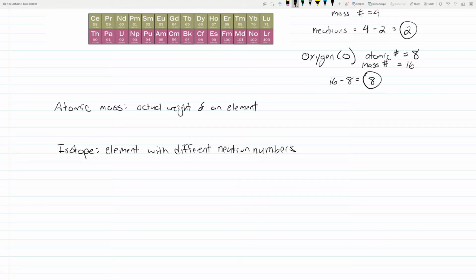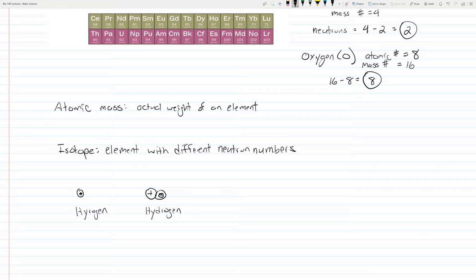Hydrogen has 1 proton, 1 little plus sitting out here. The thing that makes it hydrogen is the fact that it's got 1 proton. Now, if I have hydrogen with 1 proton and 1 neutron, no charge, 0, it is still hydrogen.